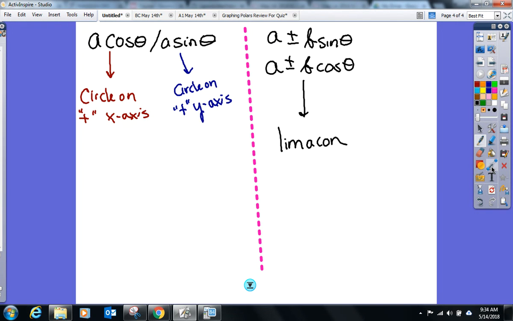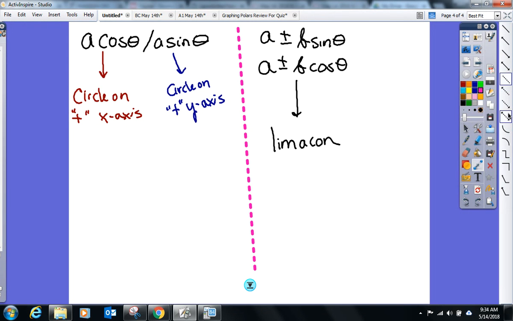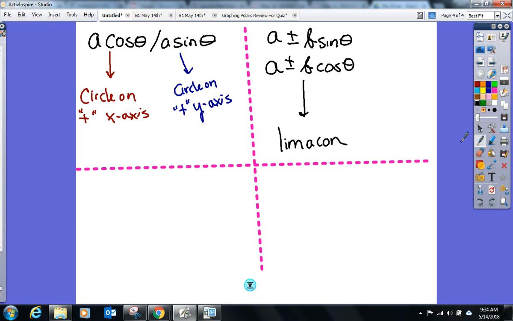And then finally are the little bit tougher ones, which are the petals. Looks like these, but now there's a number in between the cosine and the theta. So A cosine n theta and A sine n theta. This is my rose curve, aka the petals.